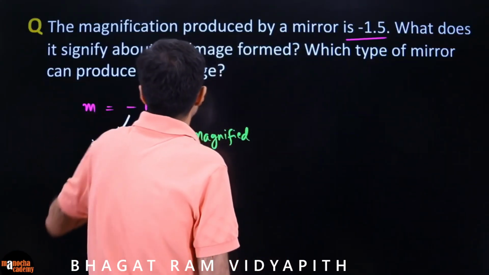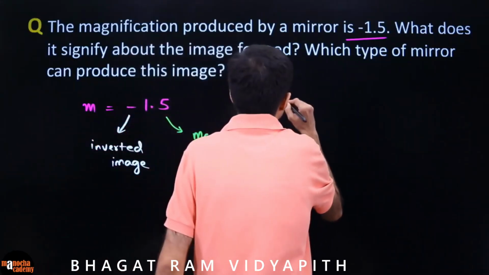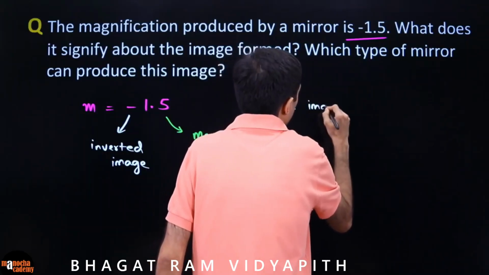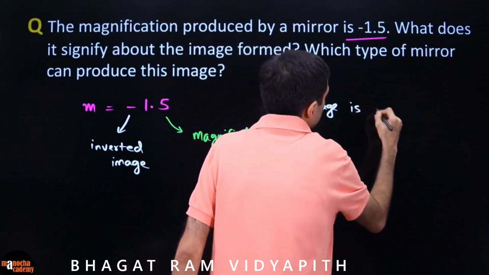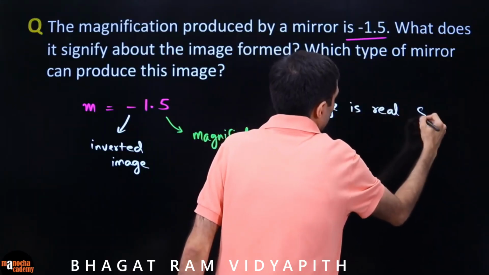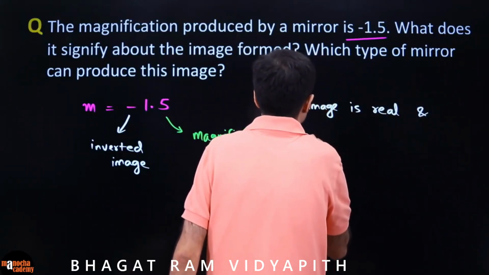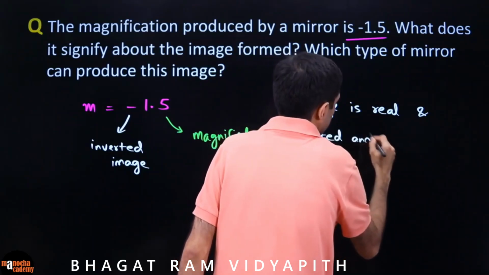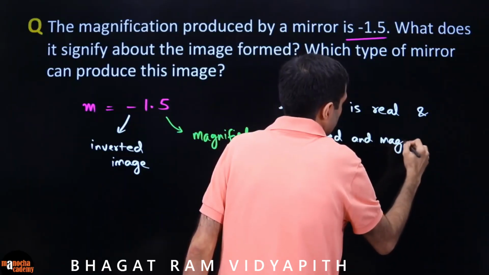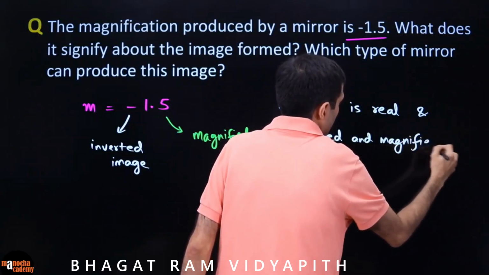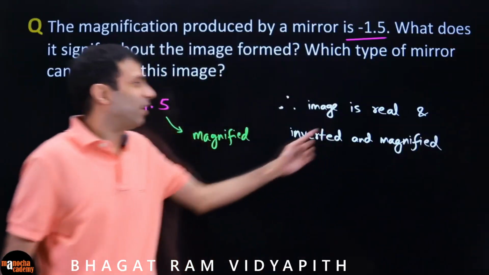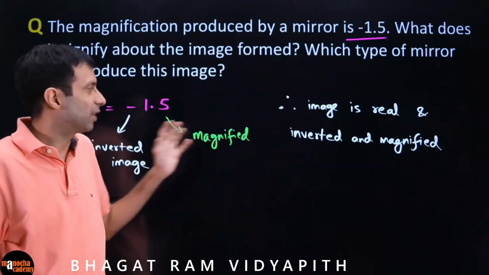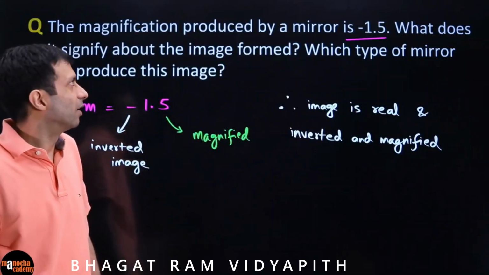So what does it signify about the image? We can say, therefore image is real, inverted and magnified, and you have to give your reasons, right? Because the negative sign, the number is greater than 1.